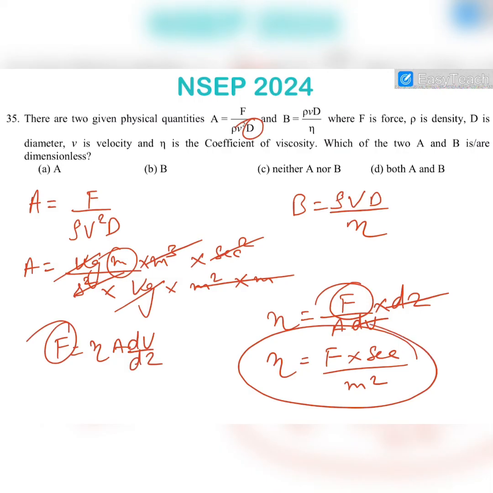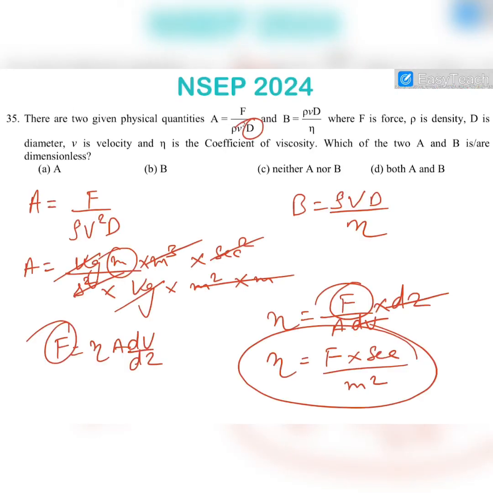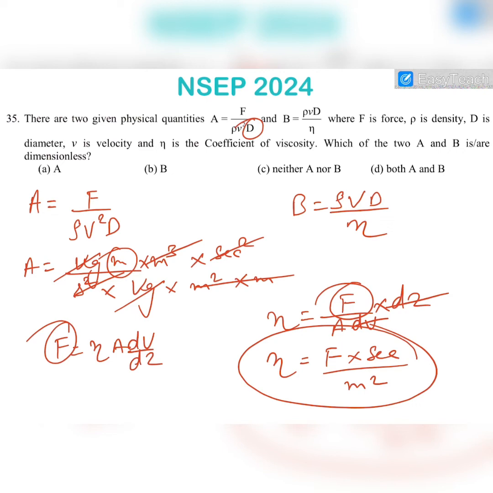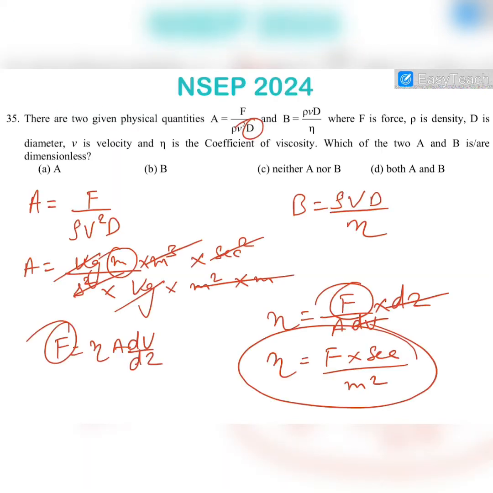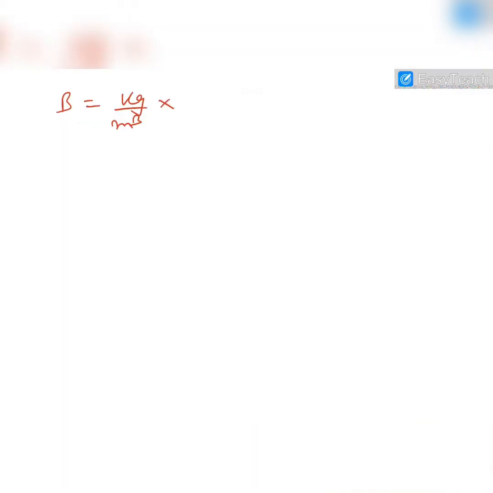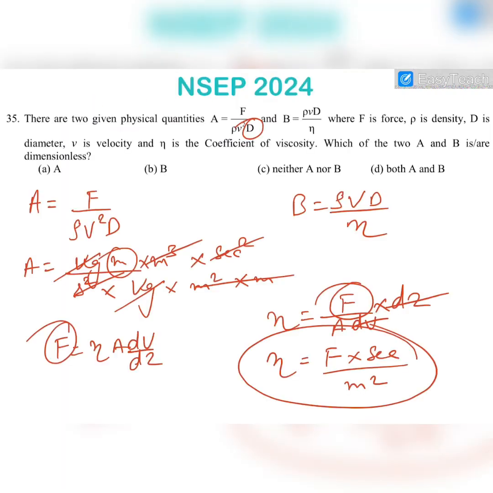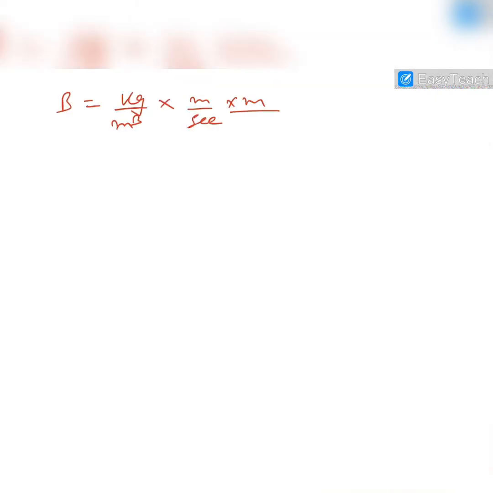So dimension of B will be rho vd. Rho is kg per meter cube, and v is the velocity, obviously, so it is meter per second, and d is the diameter. This is meter, and neta is force second per meter square. So neta is in the denominator.